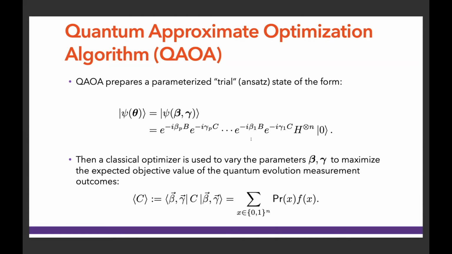Then typically we have some sort of procedure to optimize the expected objective value of the measurement outcomes of this quantum evolution. So we're trying to find these beta and gamma parameters, which define the length of the time evolution with these Hamiltonians, such that we maximize the expected value of the objective function.